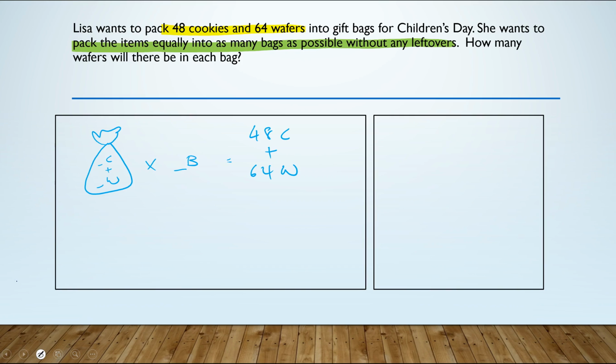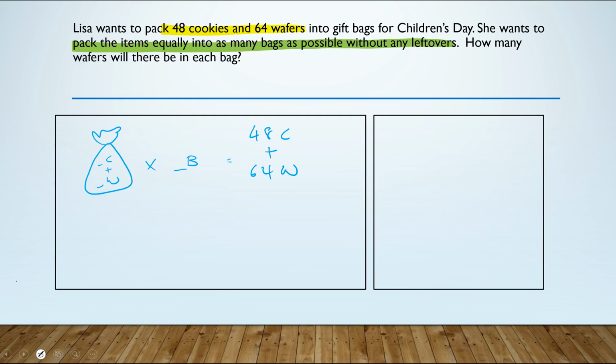So make sure that they understand that simply put, she must have both cookies and wafers, and every bag must have both elements, and in each bag there must be an equal number of cookies from the next bag as well as wafers from the next bag. So it will take some time for them to digest that, but eventually they get there.